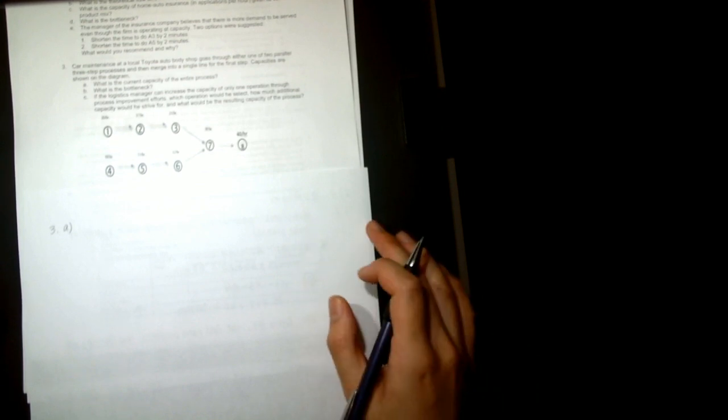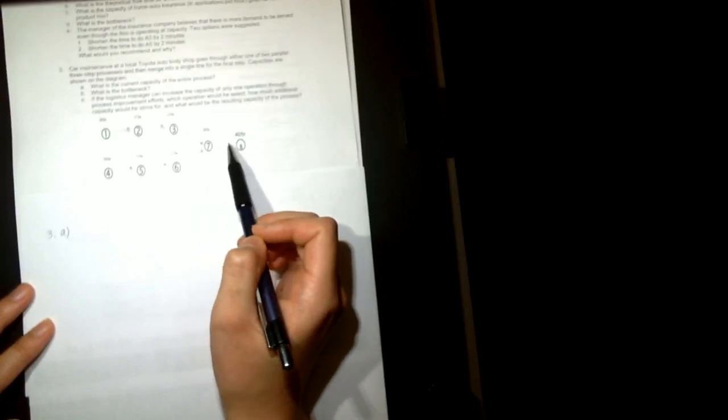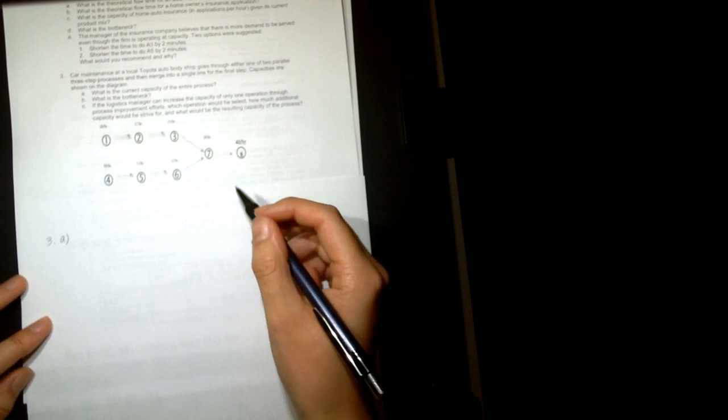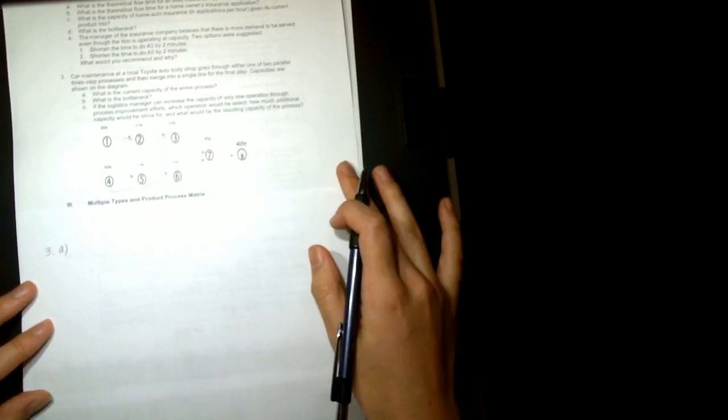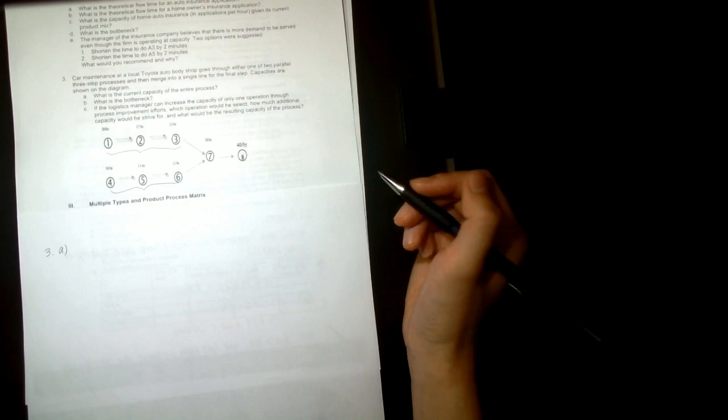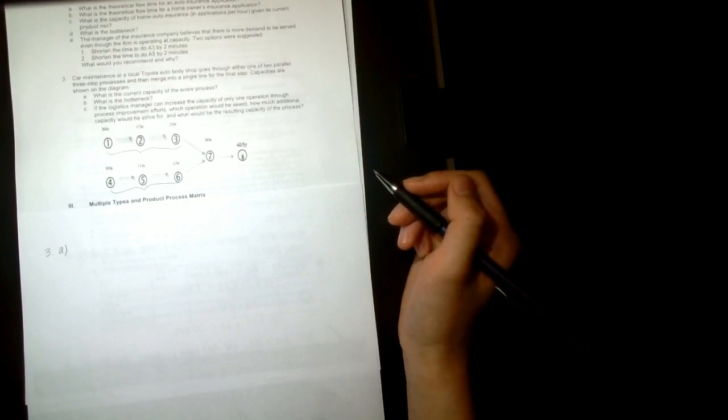Okay, so number one asks, what is the current capacity of the entire process? What you need to notice here is that there are two parallel lines, two different processes. First, we need to find the bottleneck in each of these processes. The bottleneck is the point of congestion, the step that produces the least and limits the capacity of the entire process.